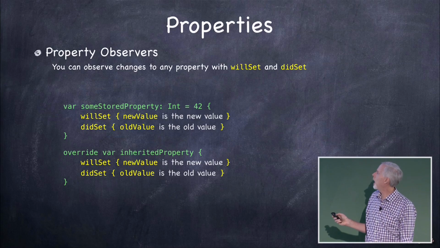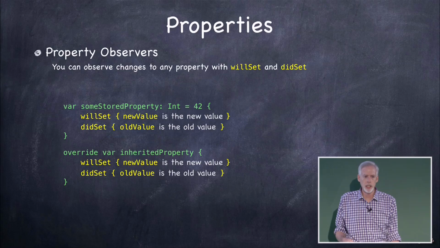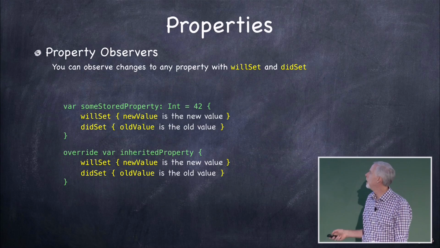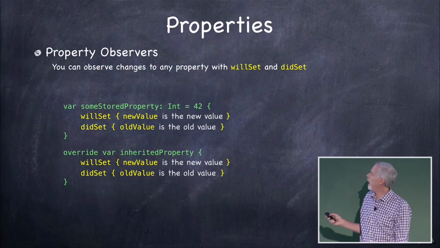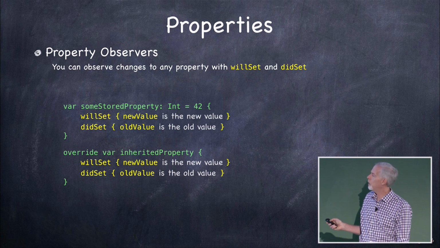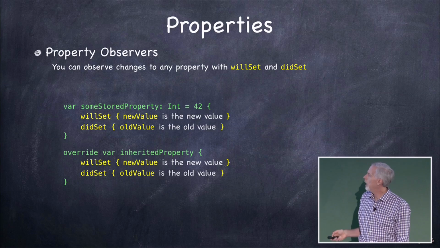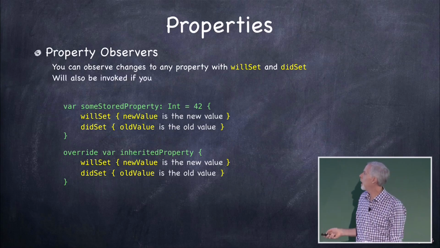And inside there, newValue is going to be the value it's going to be set to in willSet. And oldValue is the value it used to have when you're executing a didSet. So it's pretty cool. And you can do that for stored properties. You can do it for inherited properties, properties you inherit even. And you can do it for computed properties as well.